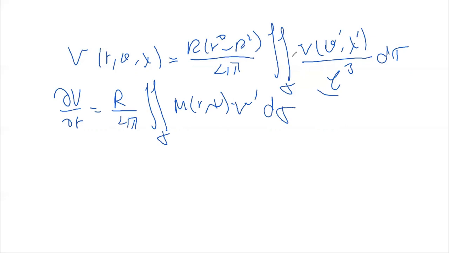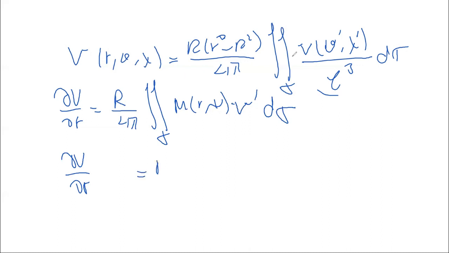So now simply I remove the effect of the computation point. It's V or VB.